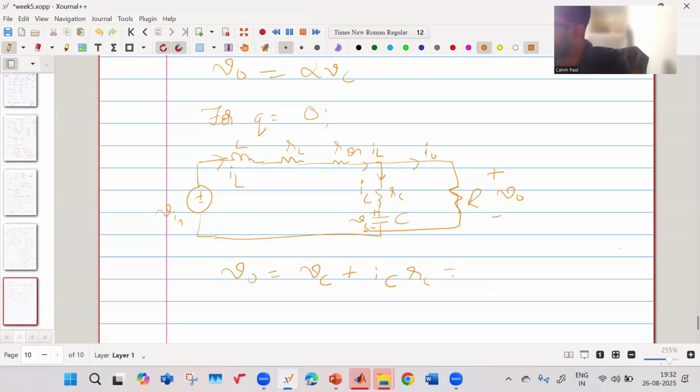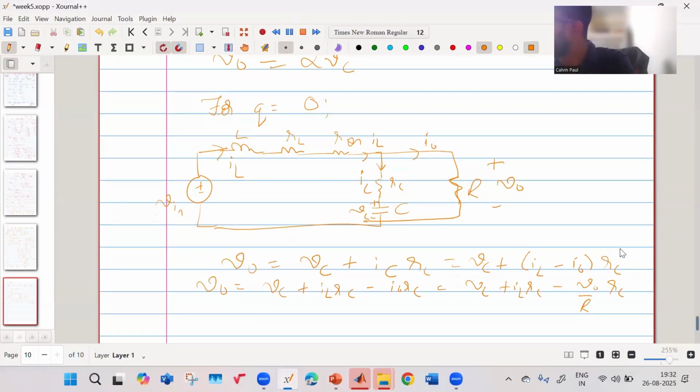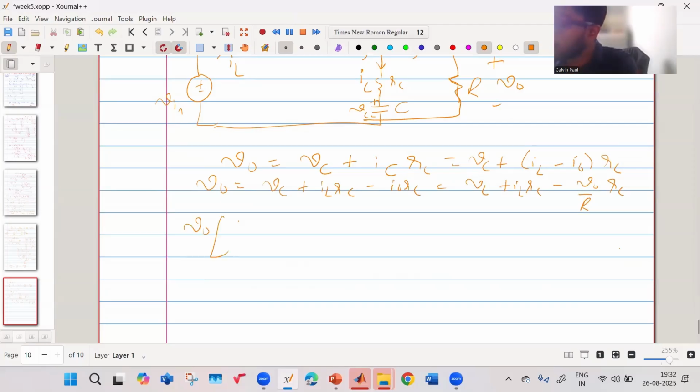Your V output is equal to VC plus, what is your IC? IC is equal to IL minus I naught into RC. So your V output is equal to VC plus IL RC minus I naught into RC. That is VC plus IL RC minus V output by R into RC. So the V output into 1 plus RC upon R, that is equal to VC plus IL RC.